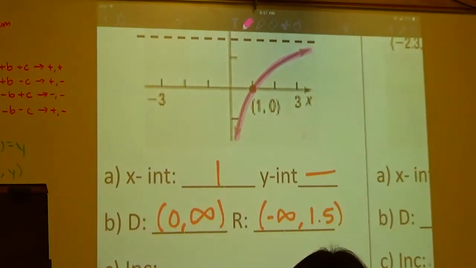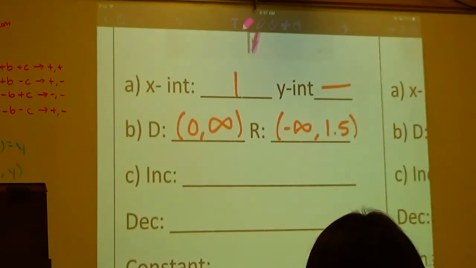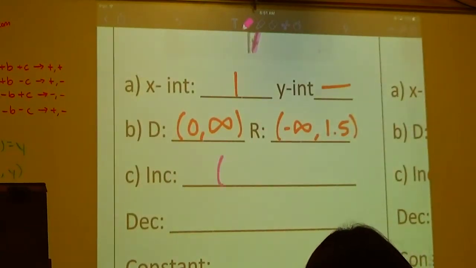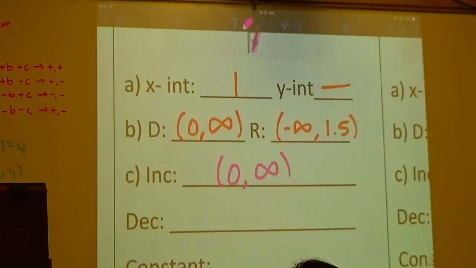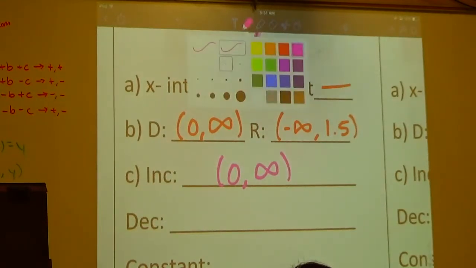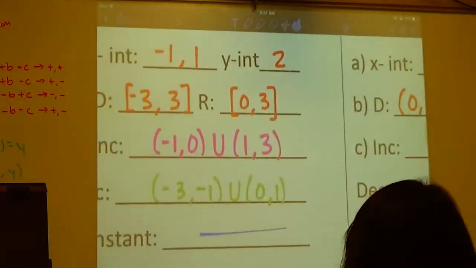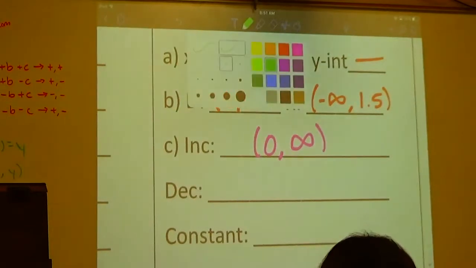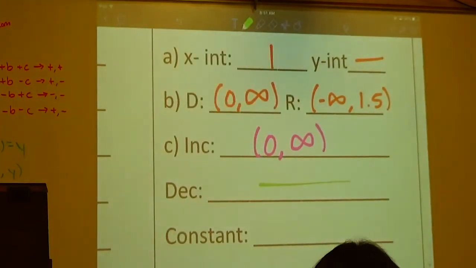It never changes to constant, never changes to decreasing. So this is the same as our domain, 0 to infinity. That means it's not decreasing ever, not constant ever.